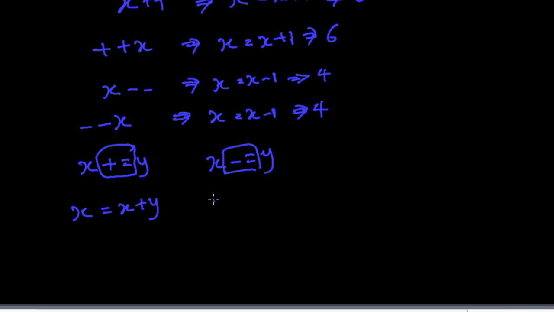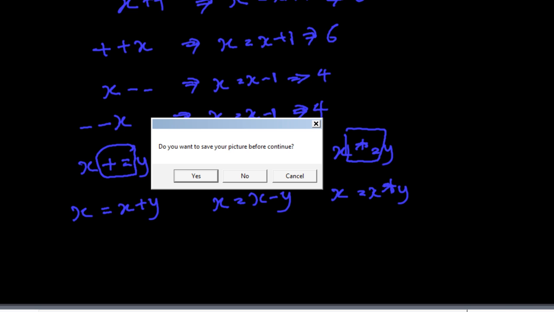This actually means x equals x minus y. x times equals y means x equals x times y. The same goes for divide as well, as I will repeat the same thing over and over, might bore you. So understand that this means the exact same thing.